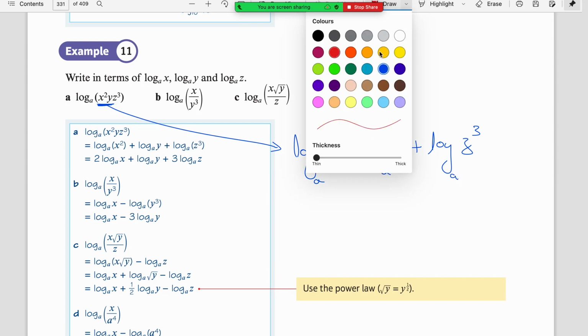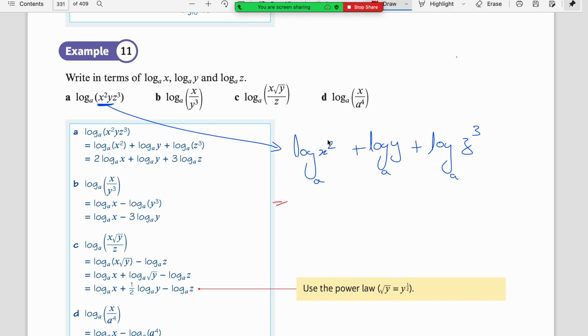Further extension of this could be bringing this power outside, making it 2 log x to base a plus log y to base a plus 3 log z to base a. When it is multiplied, you add them. When it is divided, you subtract them.